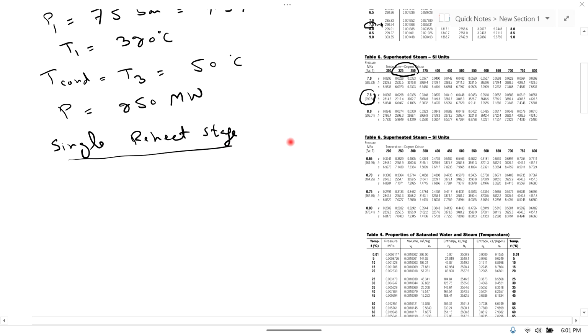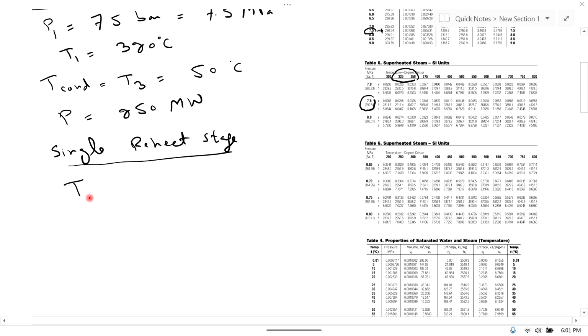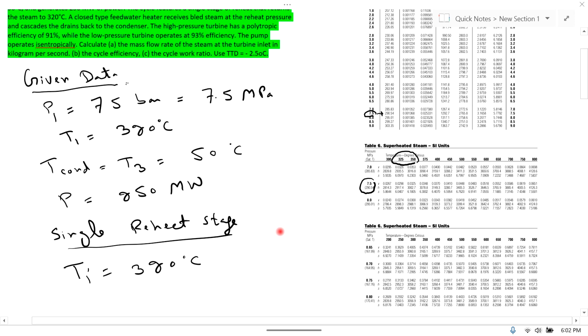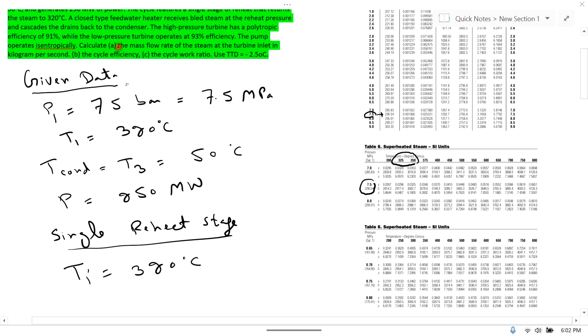After reheating, the temperature is again increased to 320 degrees centigrade, and a closed type feedwater heater receives bled steam at the reheat pressure and cascades the drain back to the condenser.